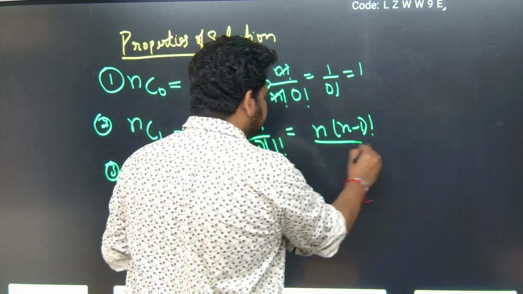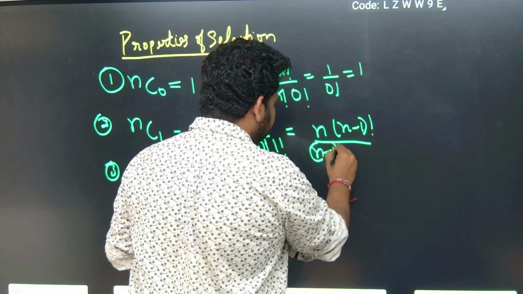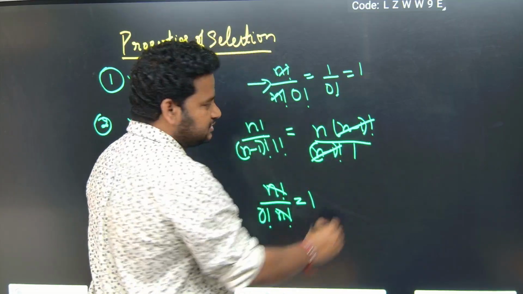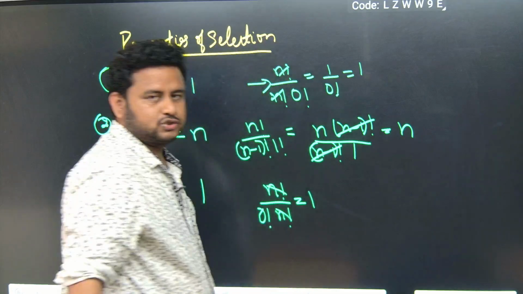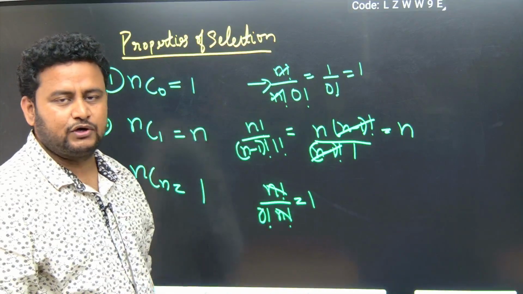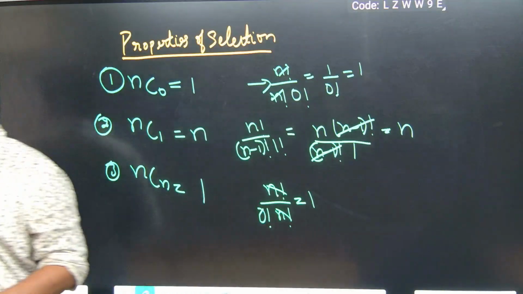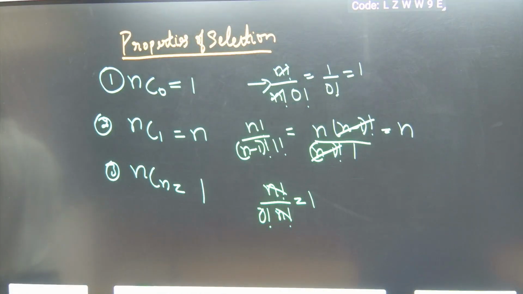This will be (n minus 1) factorial into 1 factorial, which is nothing but 1. So (n minus 1) factorial cancels, and I get the answer as n. These are the first three properties, and I have explained them along with the proof. You can have a look at it.